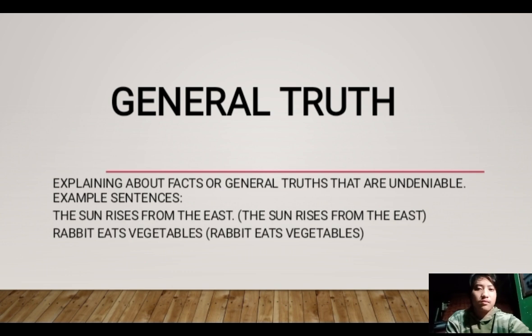General truth. Explaining about facts or general truths that are undeniable. Example sentence: The sun rises from the east. The rabbit eats vegetables.